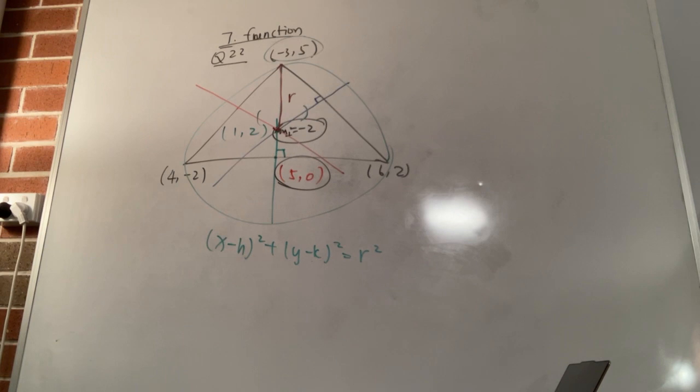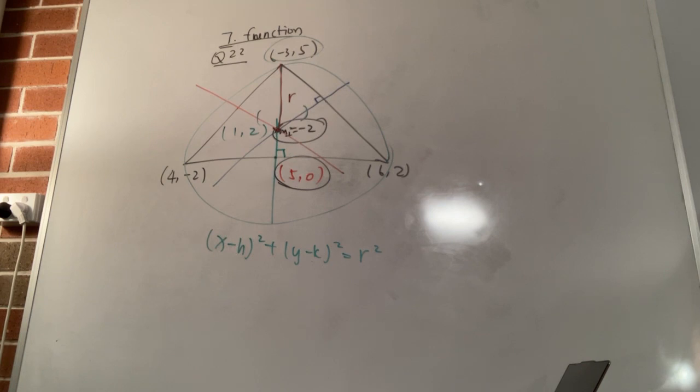So -2x plus 10. So we have this one is 2y. That's the perpendicular.